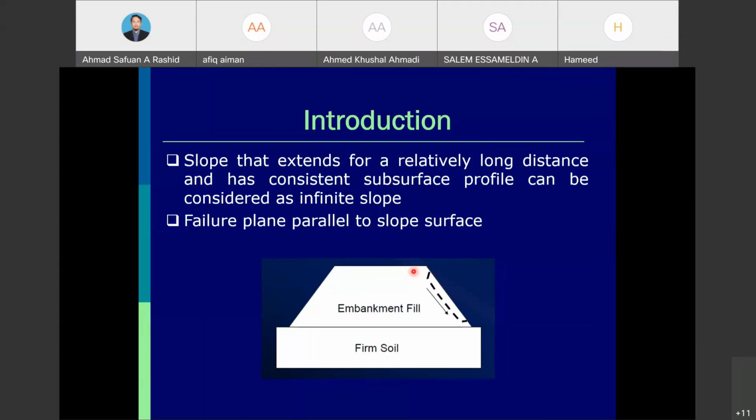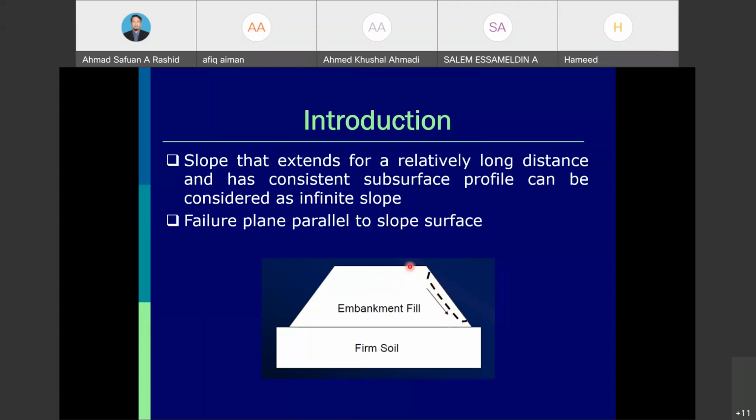However, there is another approach, where they imagine that the failure plane is parallel to the slope surface, especially for embankment fill structures. So in this case, we can also use the approach under infinite slopes.